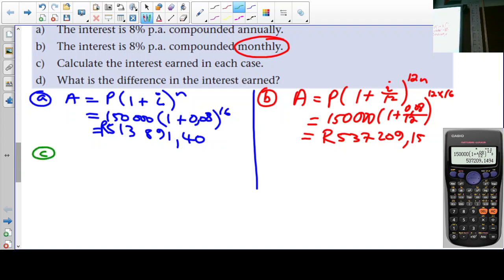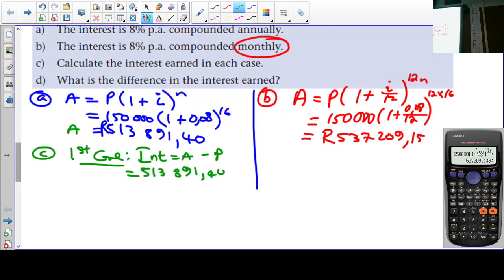Let's look at C. C says, calculate the interest earned in each case. So in the first case, or in A, what can we say? What's the interest? How do we calculate interest? A minus P. So what's your A value in the first case? 513,891.40 minus what? 150,000.